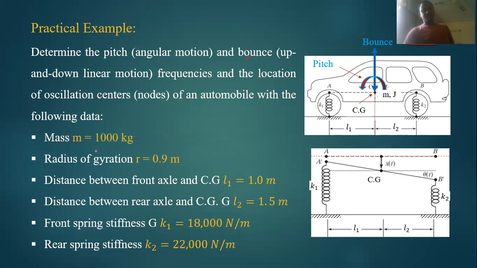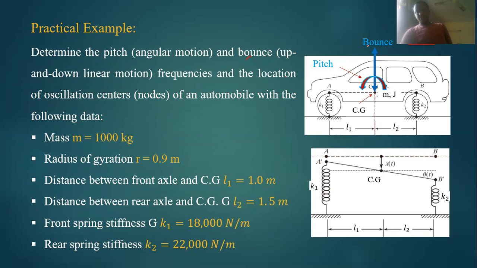Mass is given, radius of gyration is given, the distance from the front axle location to the center of gravity is given, the rear axle location to the center of gravity is given, the stiffness of the front is given, and the stiffness of the rear is given.